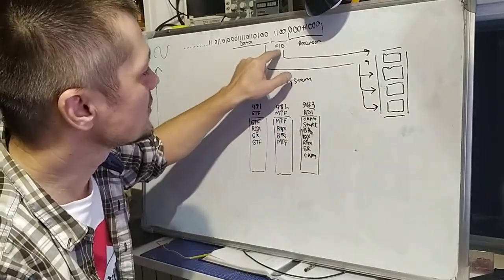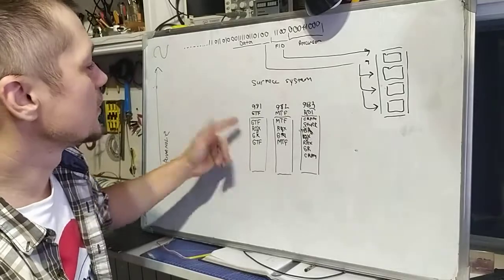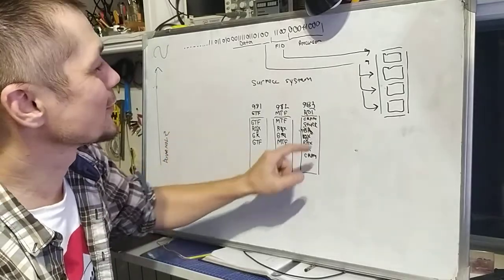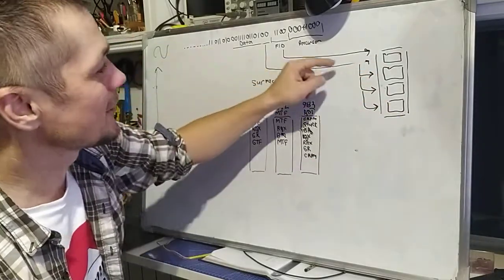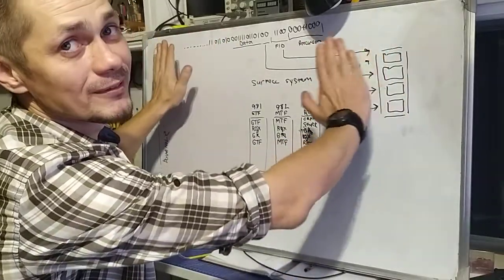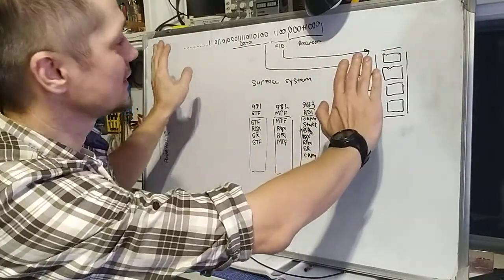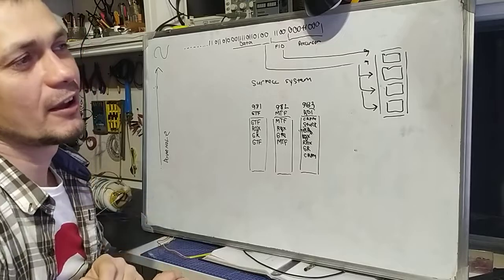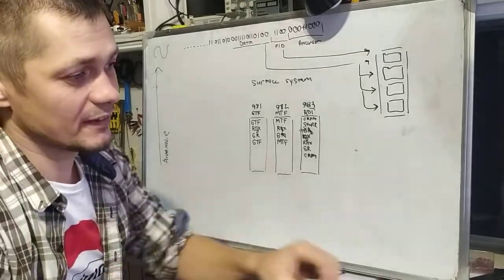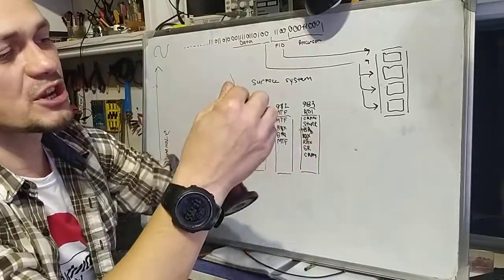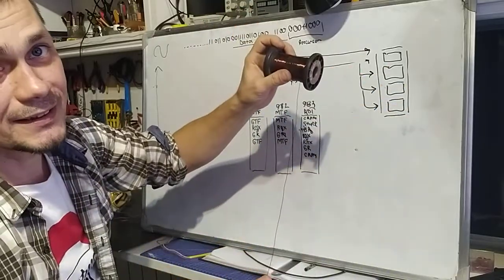But if your system detects a wrong FID, you will get, for example, a rotary frame put, but GTF is coming, and they don't know what each other is telling. They know only sync. That means it's not noise, it's a signal. It's a beginning of information which I have to open and read.